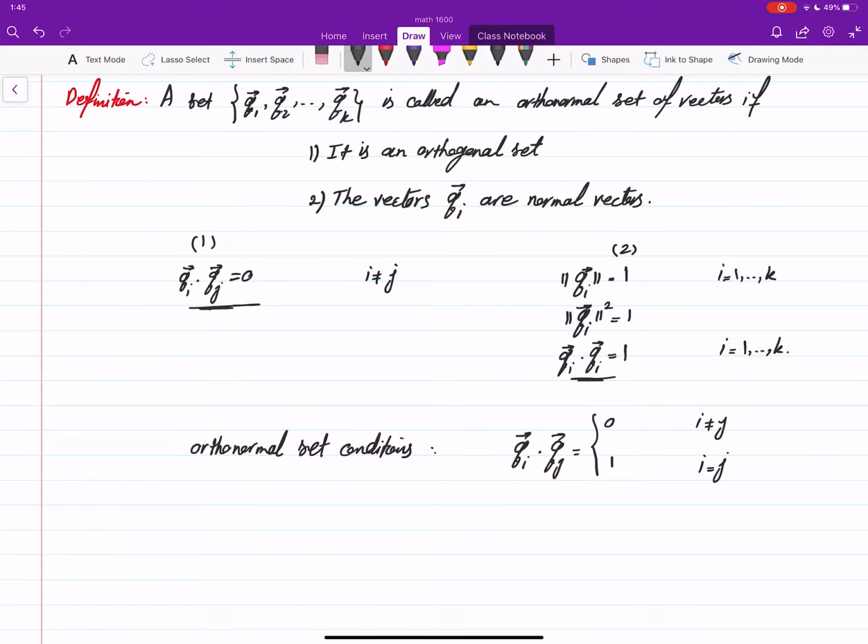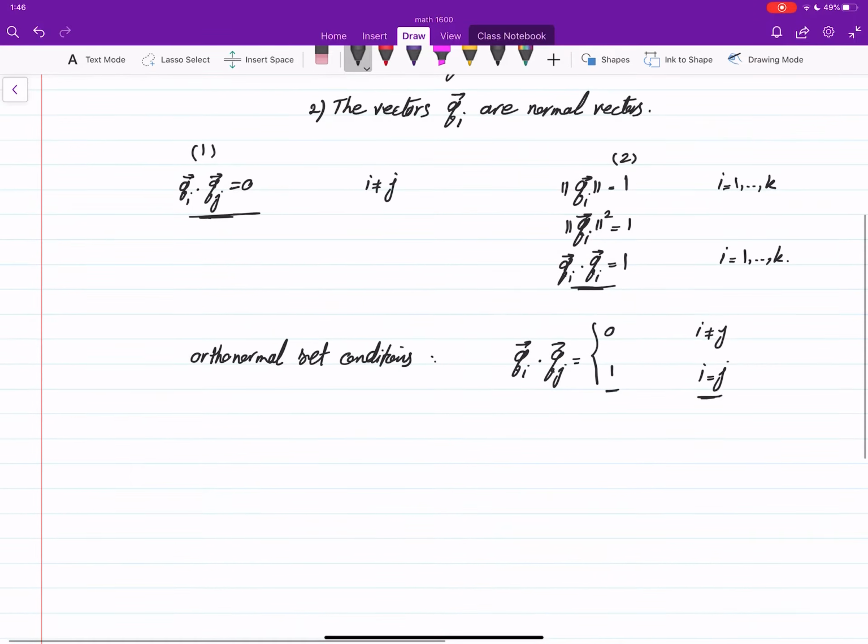So we are checking all the possible pairs, not just distinct ones, all of them. If the vector is considered with itself, then the dot product must be 1, otherwise it should be 0.